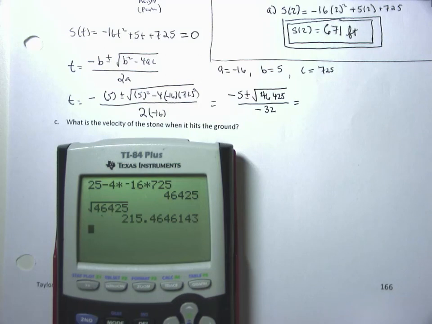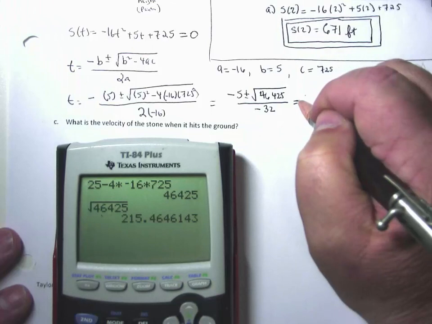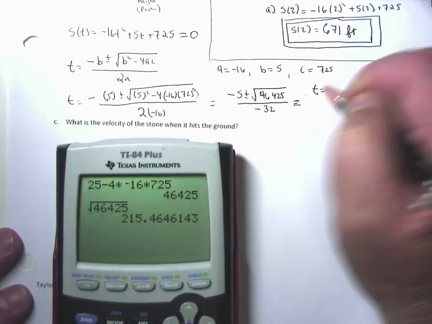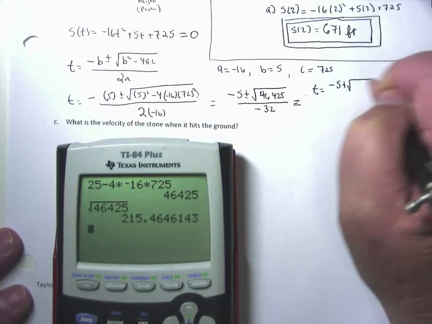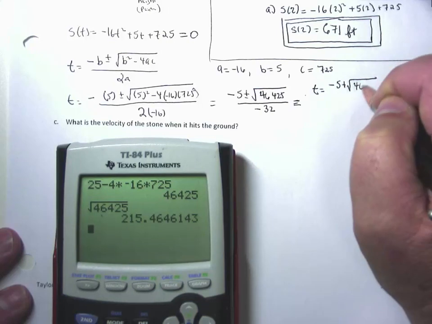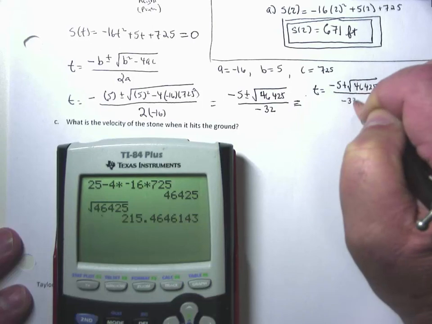Crappy answer. All right, so there are 2 answers to this problem. What are my 2 answers? Negative 5 plus the square root of 46,425 divided by negative 32.